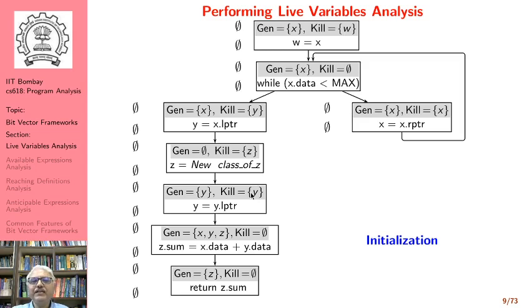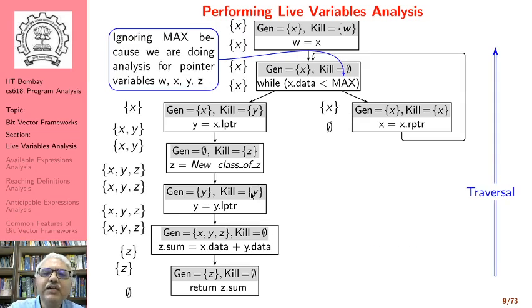The idea is we begin with a conservative estimate, and this estimate is repeatedly refined to get the final solution. So now in this case we say that no variable is live anywhere, and therefore we assign empty set to each in and out, and then we start performing our analysis.